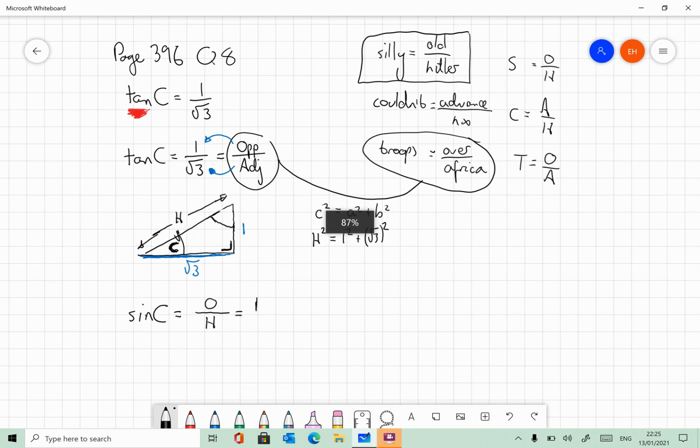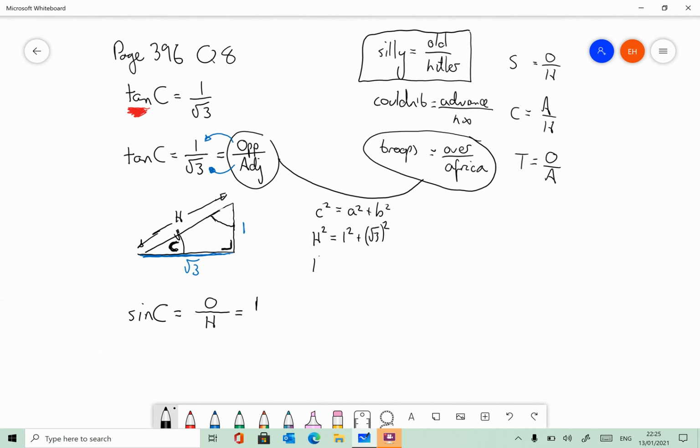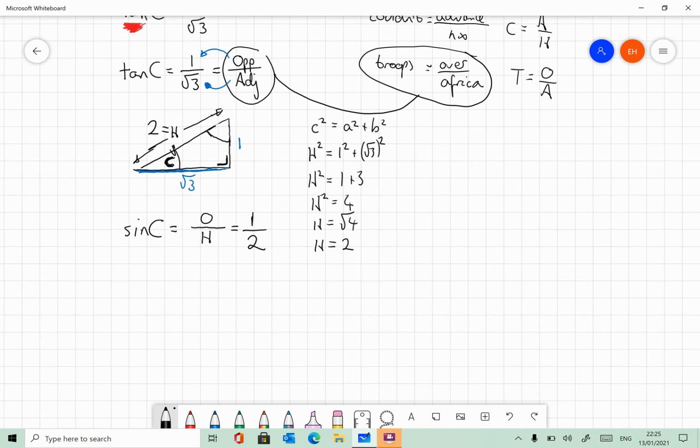Now, h squared is equal to 1 plus 3, h squared is equal to 4, h is equal to the square root of 4, h is equal to 2. So I now know that sine C must be 1 over 2, because h is equal to 2 and sine is equal to opposite over hypotenuse.